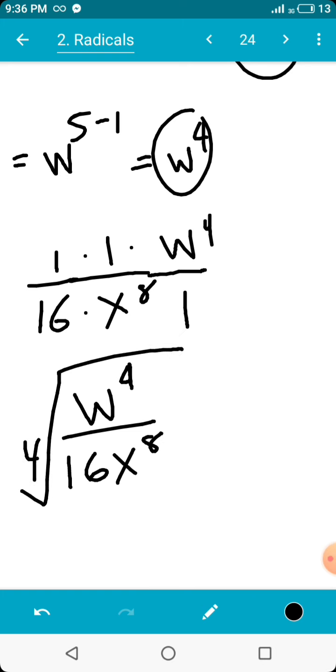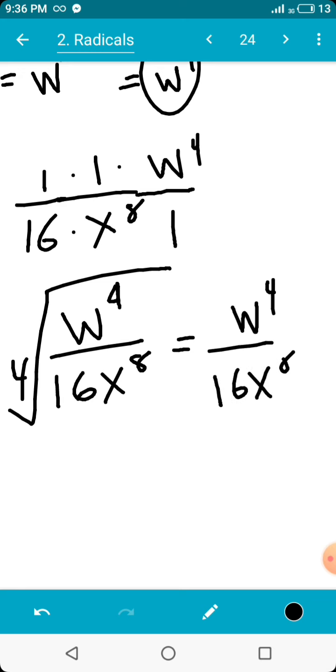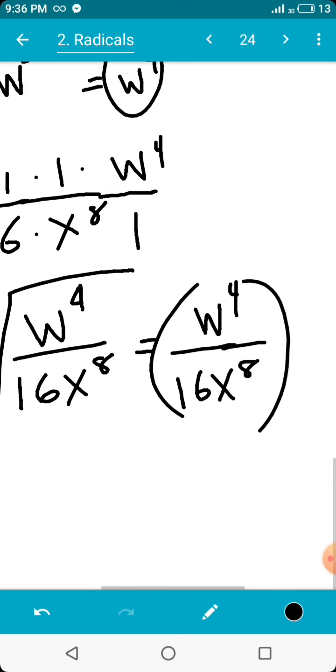So, isi-simplify pa natin to. So, kung i-rewrite natin to, it will become w raised to 4 over 16x raised to 8. Okay? And then, ang magiging exponent niya ngayon is raised to 1/4.